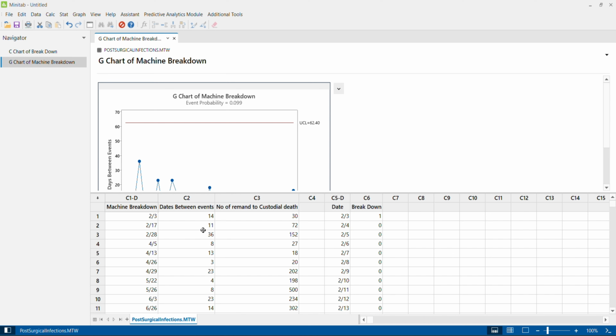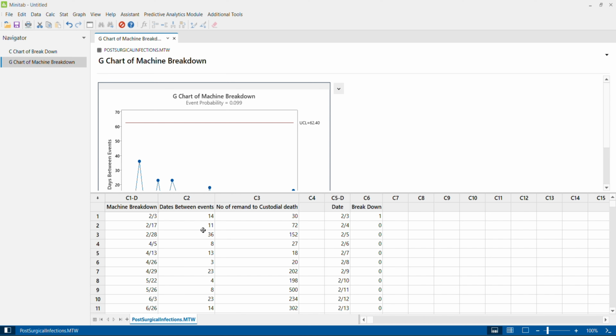That means every person who gets remanded should be given a unique ID, and if at all there is a custodial death that happens, I need to get the ID of the person who was remanded and there is an unfortunate custodial death. Then I need to draw again a G chart, but this time the G chart is not the number of days between two custodial deaths, it is the number of remanded people between two custodial deaths.